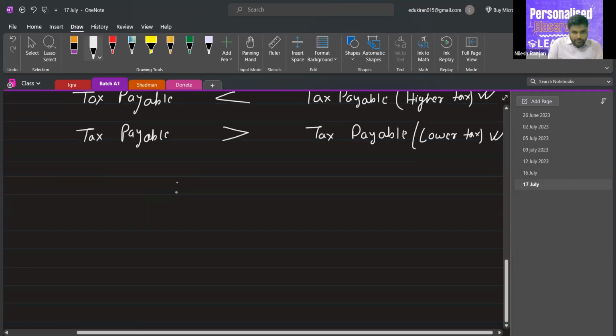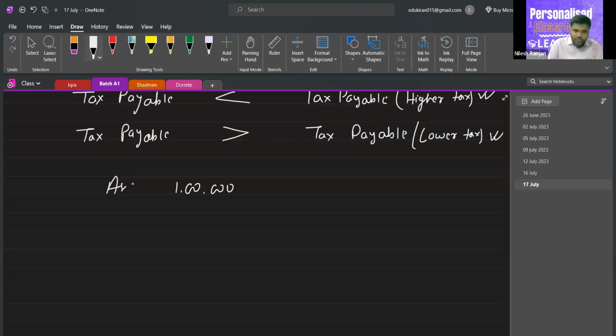Let's say there is an asset value of 1 lakh. 25% depreciation is charged on SLM basis in the Companies Act, and 50% depreciation is charged in the WDV method.